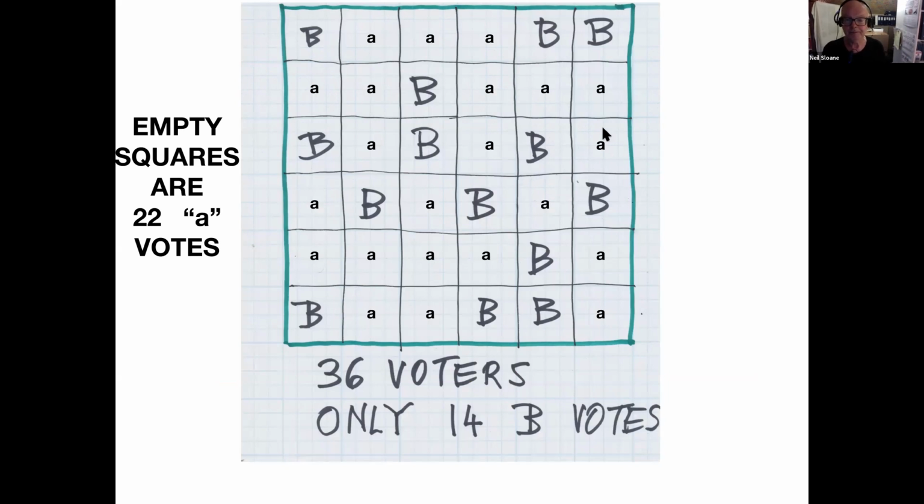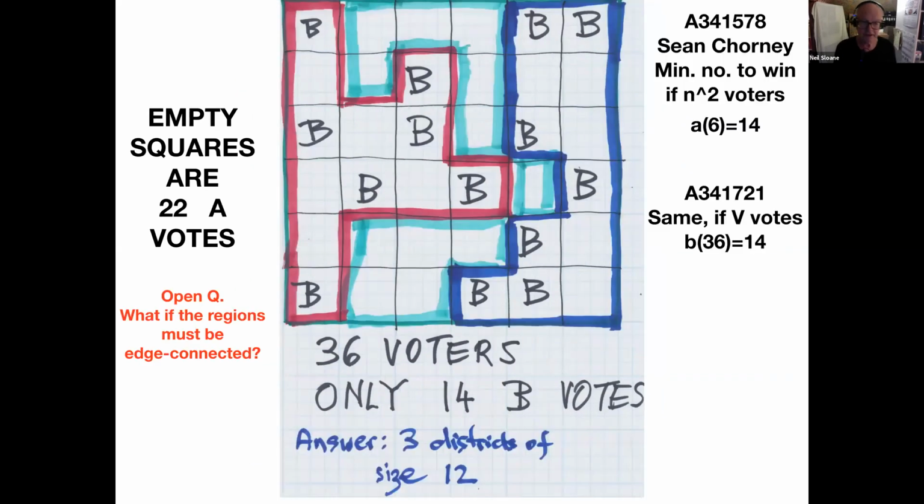But the rules say whoever wins the most districts wins the election. So if you cleverly divide up the regions into 3 groups of 12, then even though B has only got 14 votes, B can win the election.